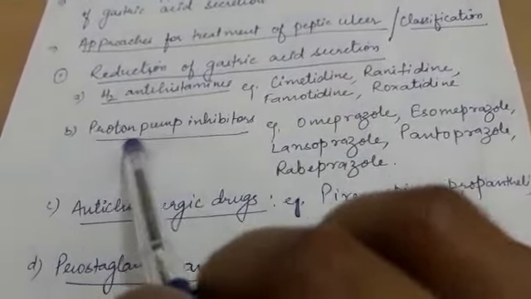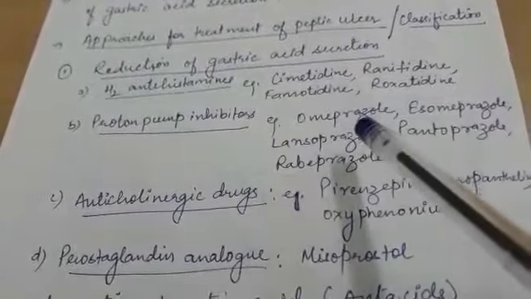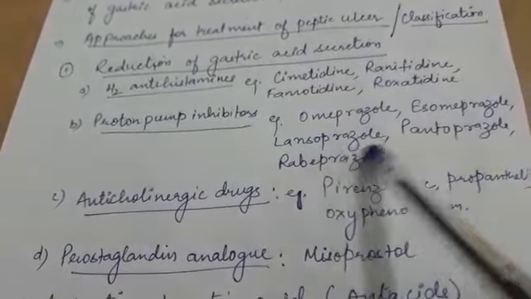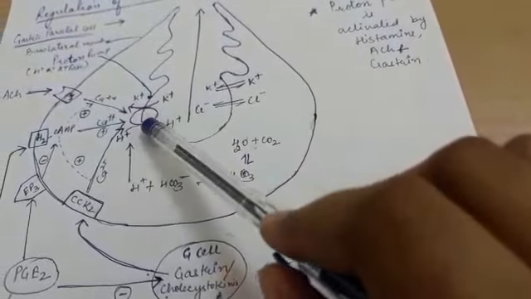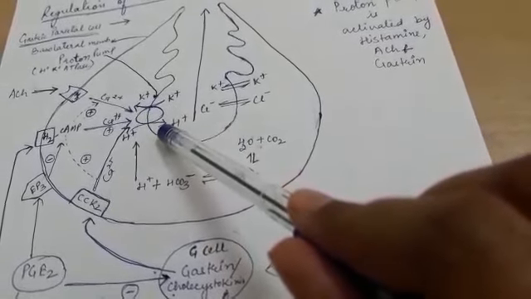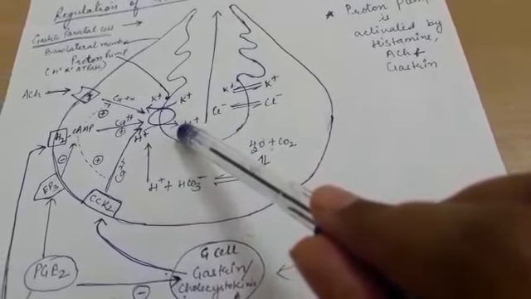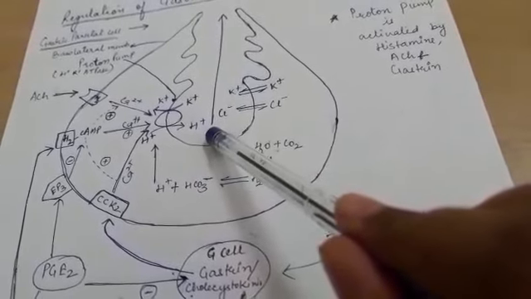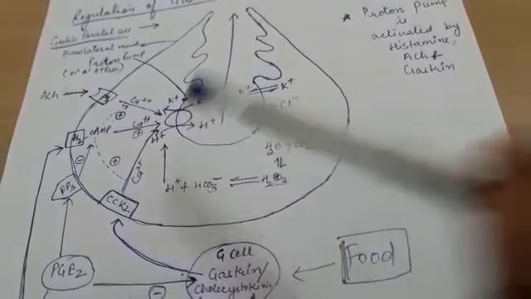Then the second class is proton pump inhibitors. These, like omeprazole and lansoprazole, act directly on this hydrogen potassium ATPase and block this proton pump, so that the secretion of hydrogen ions is inhibited.